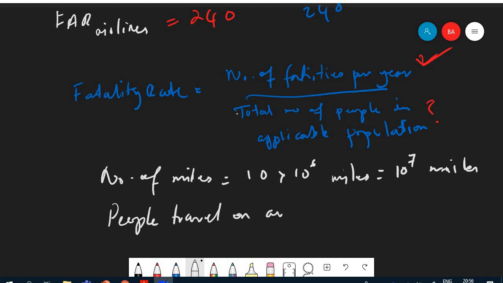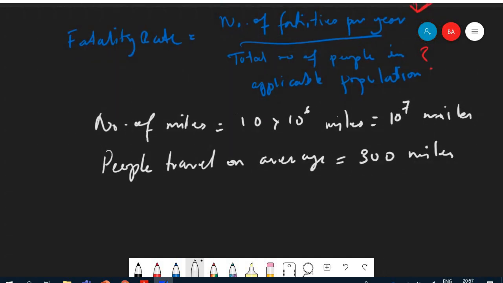People travel on average something like 300 miles, that is like 500 kilometers or something like that. So this is 300 miles per person.